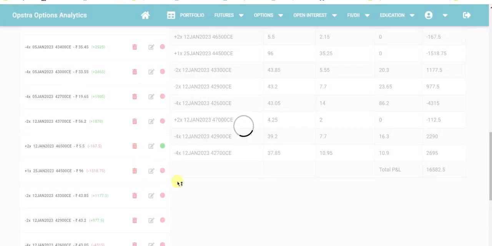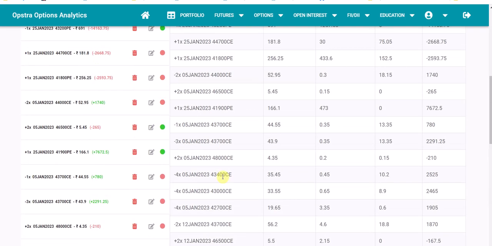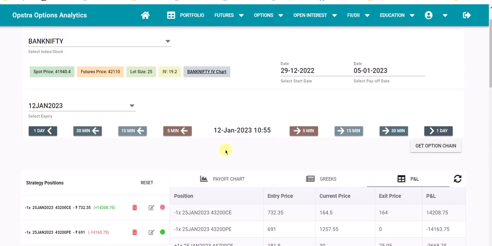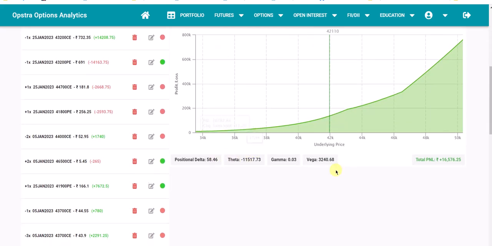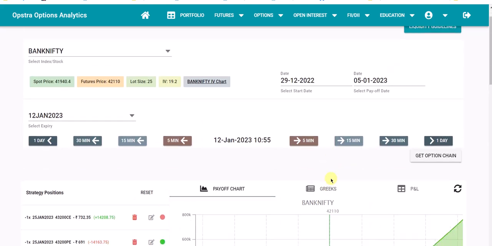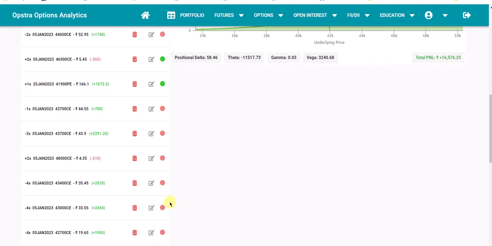So now we have open one side, and let's see if my payoff looks lossless. Yes, 16,000, 10,000. I don't know, in Sensible it shows proper, but there is no simulator. Otherwise, it is lossless, but not showing in a proper way.